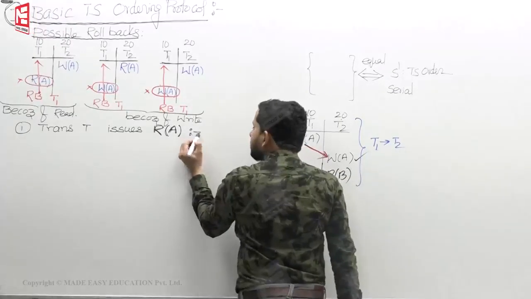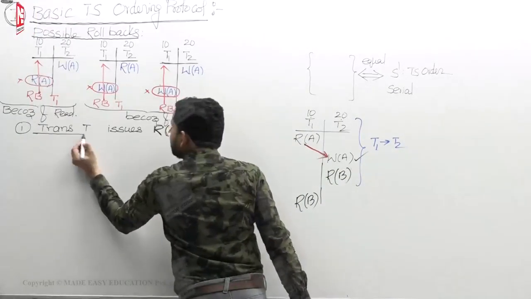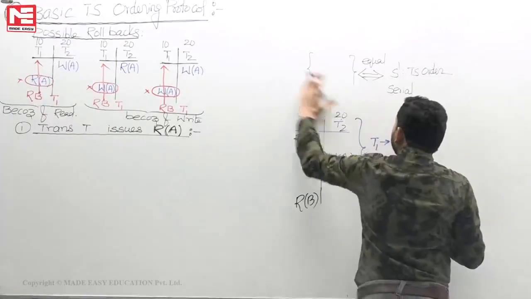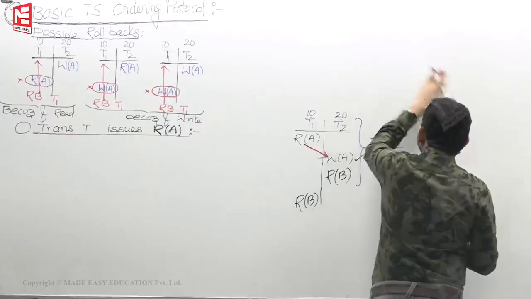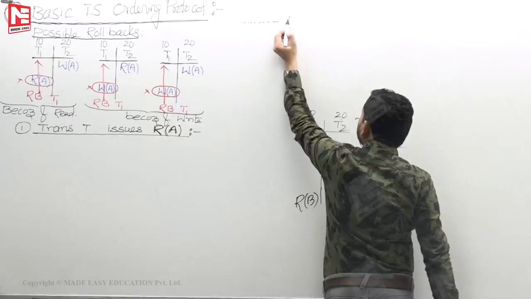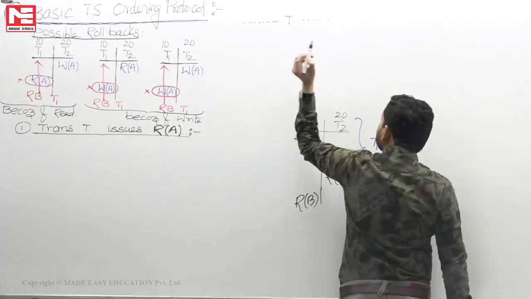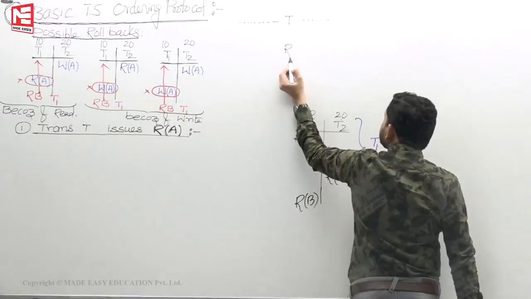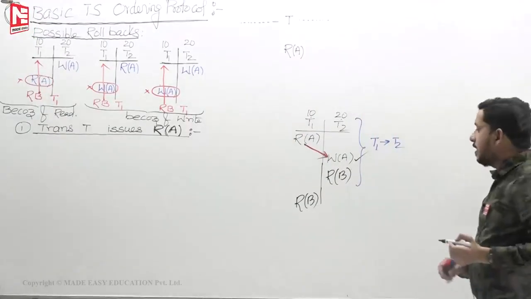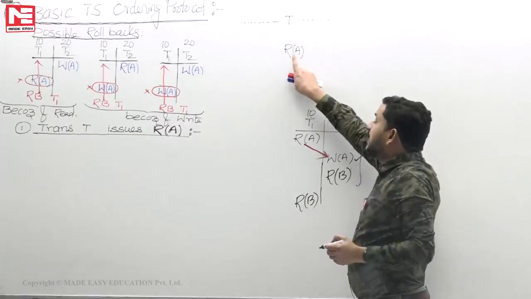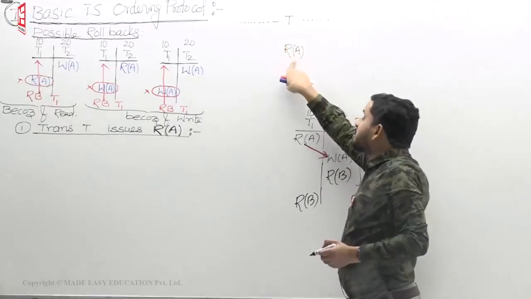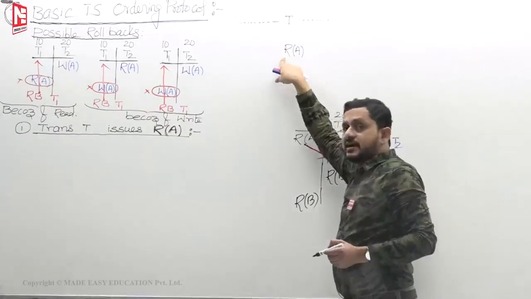If some transaction T is requesting the read, what should be the criteria? T is one of the transactions in the schedule, and T wants to read the data.